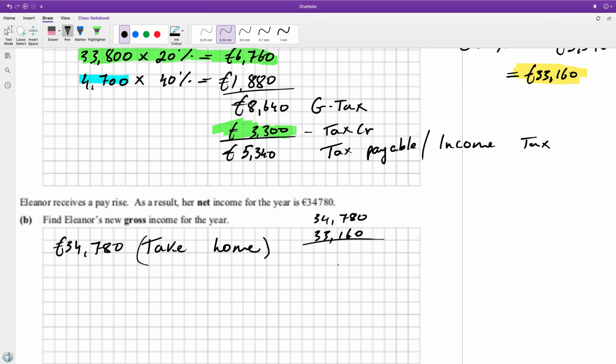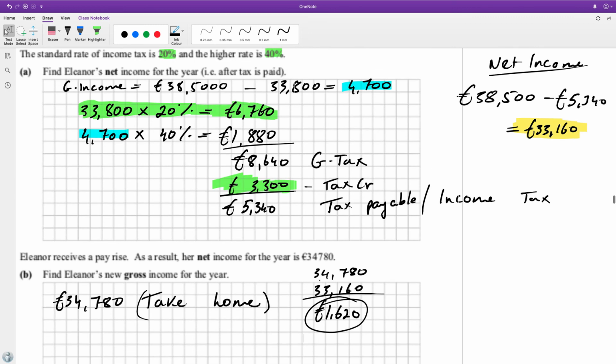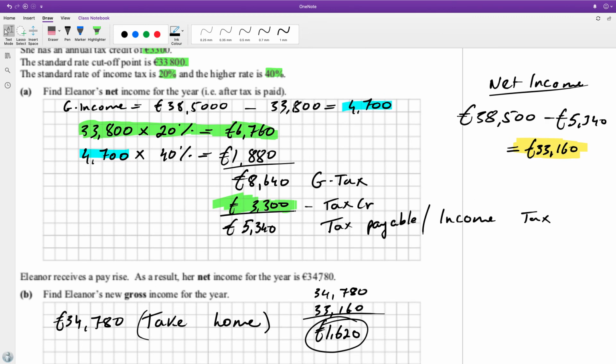The difference between those two, 34,780 minus 33,160, is 1,620. Now, she is now bringing home 1,620 quid more than she was the year before.